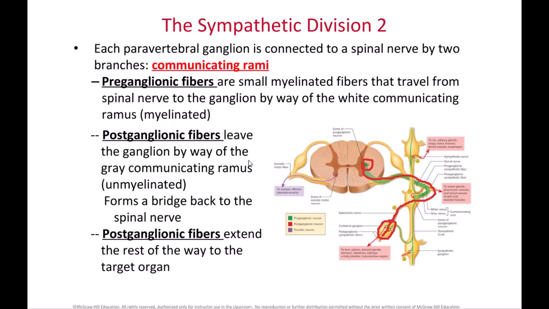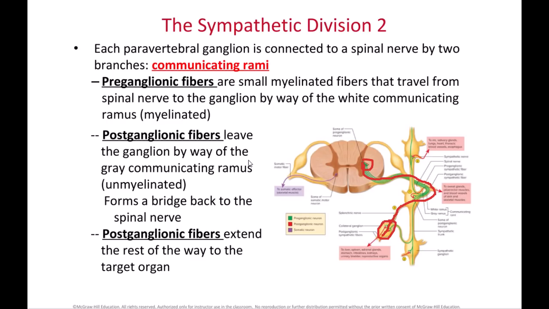With our postganglionic fibers, they are after the ganglion, hence the prefix post. These are going to be fibers that leave the ganglion and carry that action potential to the rest of the body. As we look at postganglionic fibers, they will always go to the organ. This is a little bit of background associated with the rami.